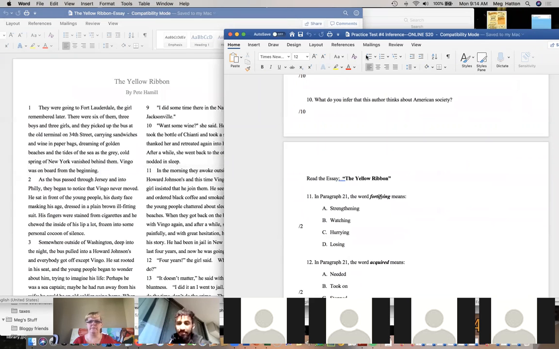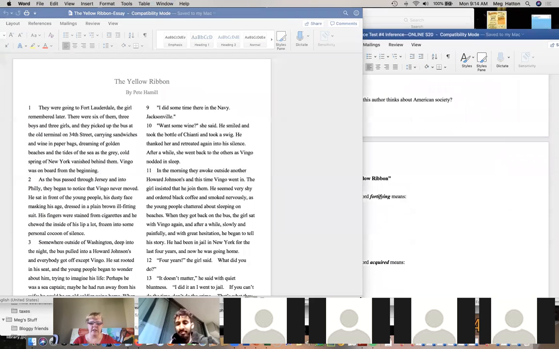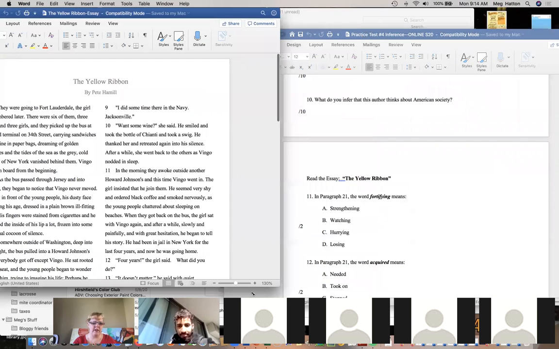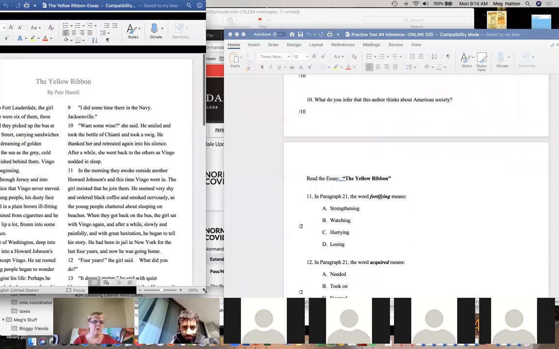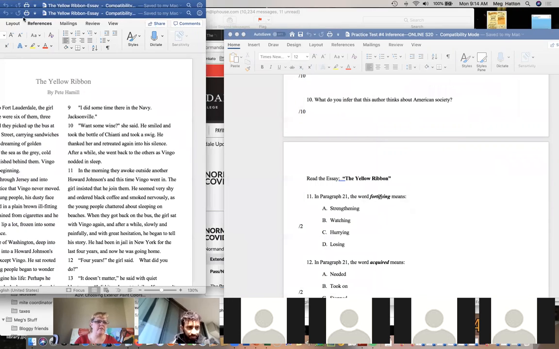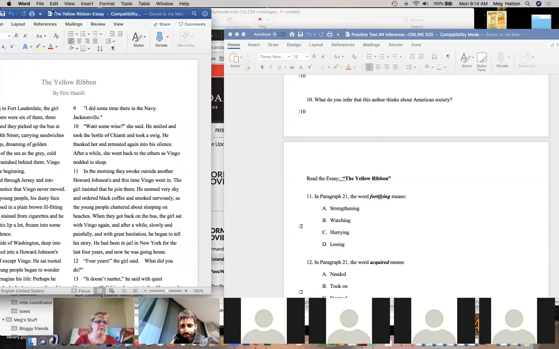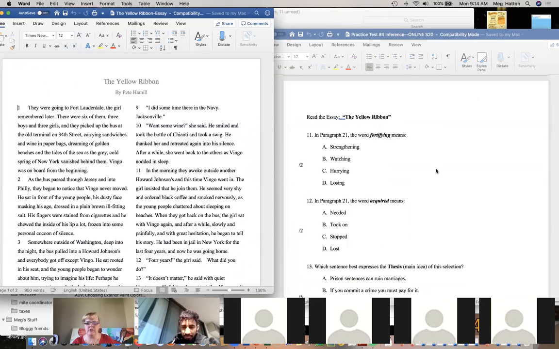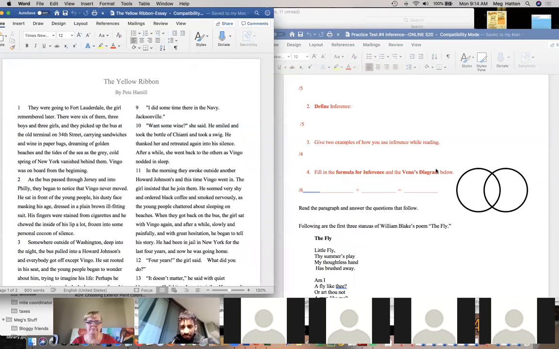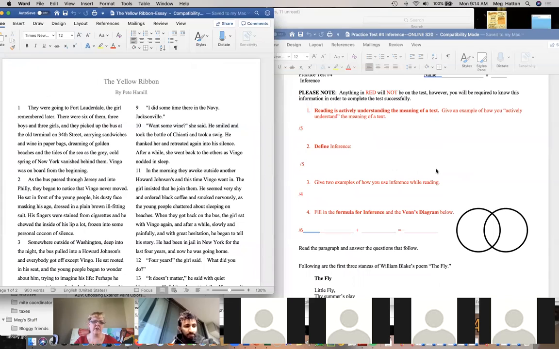I'm trying to get it all on one page here so we can look at all of it together. There's that, and we can see the test too. All right, I'm ready.